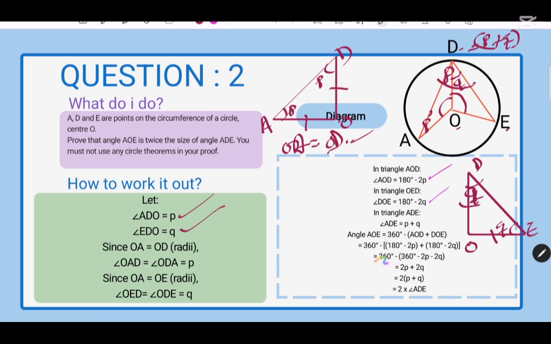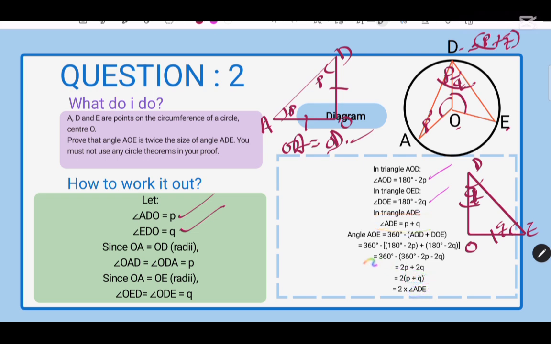So we have 360, we take away 360. We are left with angle AOE equal to 2p plus 2q. That is what remains there, right? If I factorize 2 out, I will have 2 outside and p plus q. However, we can see that angle ADE, which we have established also, is p plus q.